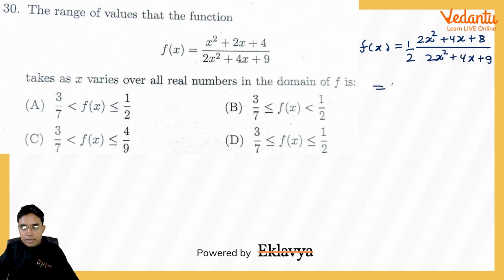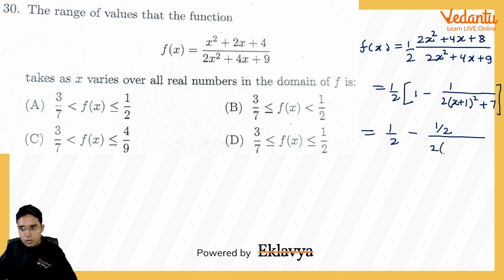So we will be getting this to be half common, 1 minus 1 upon this thing, whom I can write as 2 common, x plus 1 whole square plus, I think, 7 here. Let me check once again. Plus 9 minus 1 is 7. So this is actually 1 upon 2 minus 1 upon 2 into (2(x plus 1) whole square plus 7).